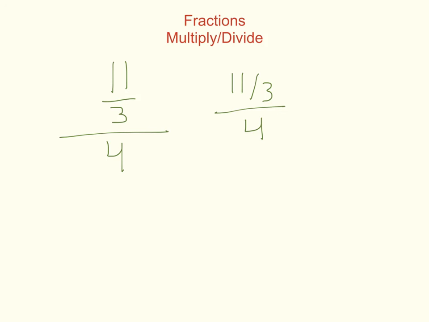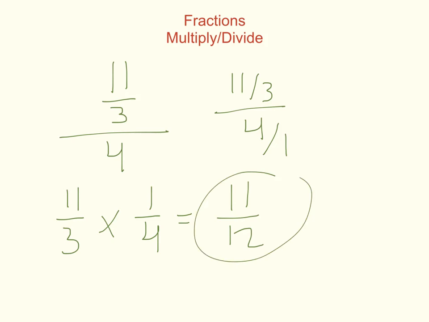We can go ahead and add our over 1 here. Now you see it's a fraction, so now you keep, change, and flip. You don't have to write this 1 right here. It's an understood 1, as long as you know that you flip it to make this 1/4. Now all we've got to do is multiply straight across. So we get 11/12, and that would be our final answer for that.